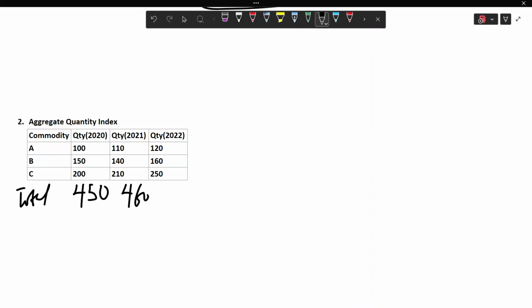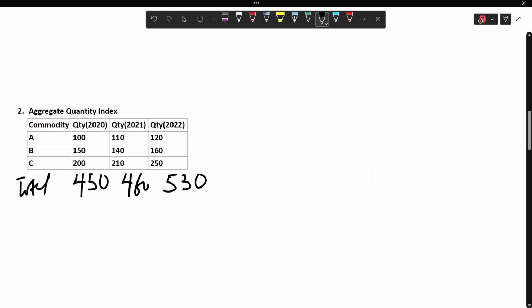Then lastly, 120 plus 160 plus 250, 530.